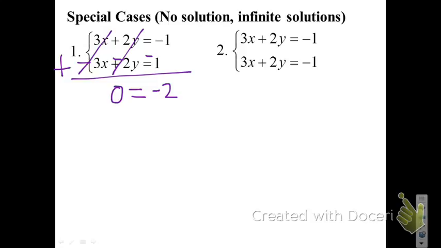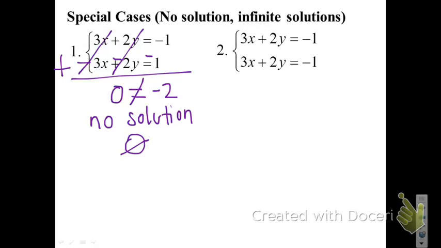So here I have 0 equals negative 2. This is not true, so because it's not true, we say this is no solution, and you can either write that out or write no solution using the symbols. This means that the two lines are parallel and they would never intersect.